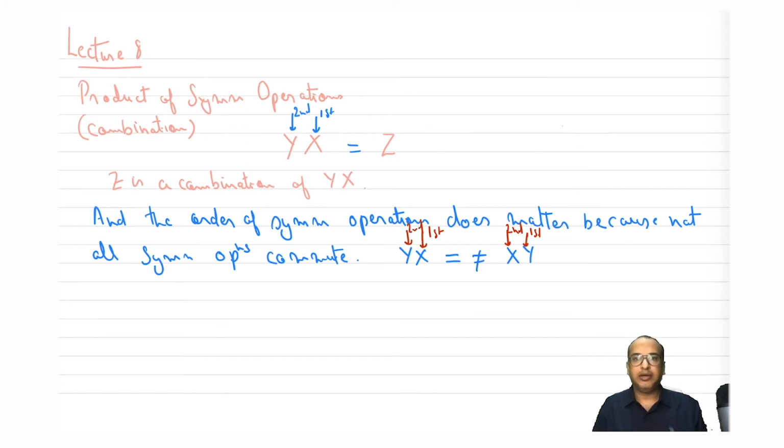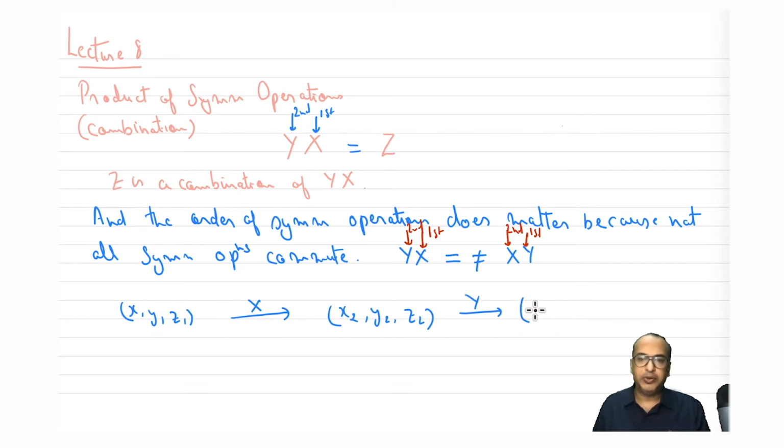Let's say x1, y1, z1 is the coordinate of a given point in a coordinate system, and by operating with x we take it to x2, y2, z2, and again by operating with y we take it to x3, y3, z3.